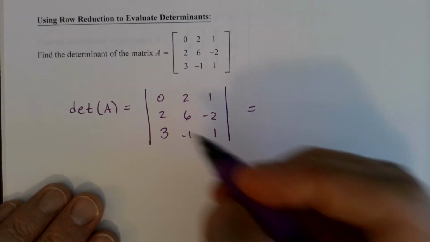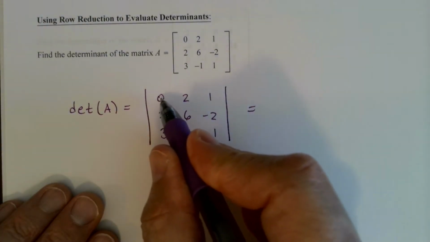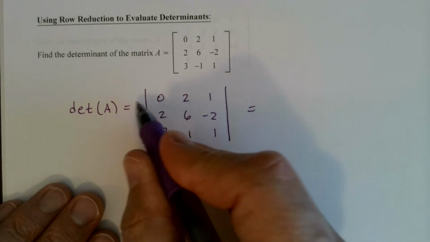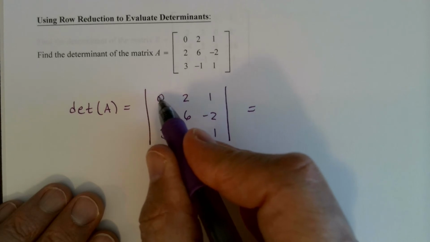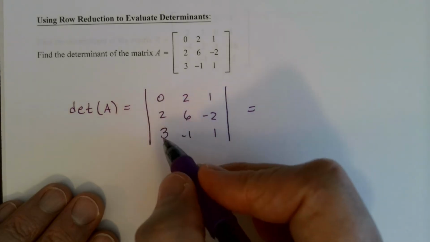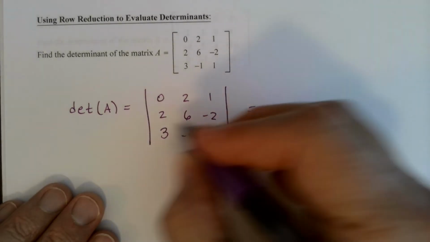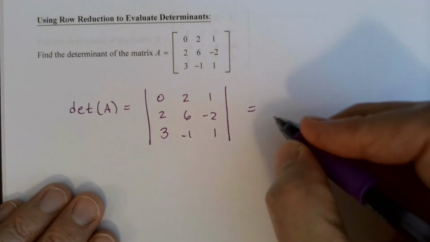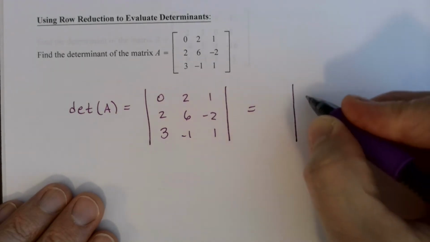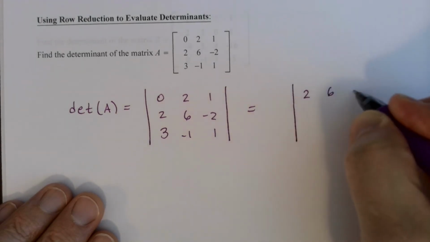And the first thing I'd like to do is get a leading one here, to get this in row echelon form. Well, in order to do that, I can't multiply by any constant to get this to be 1. I need to do what? Interchange. I need to find a non-zero entry below the 0. So let me interchange rows 1 and 2. If I interchange rows 1 and 2, I get this matrix.